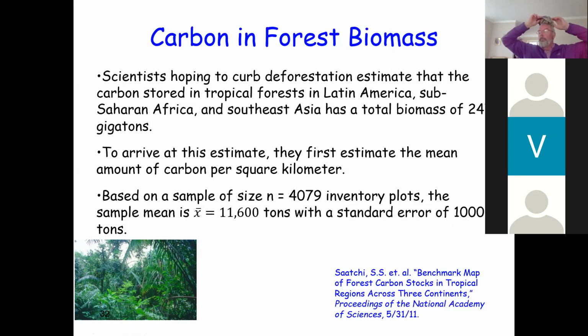Okay, and we want to build a confidence interval around the estimate to give us a sense of what might be the population, or all of the sources of biomass. How would we put this together?